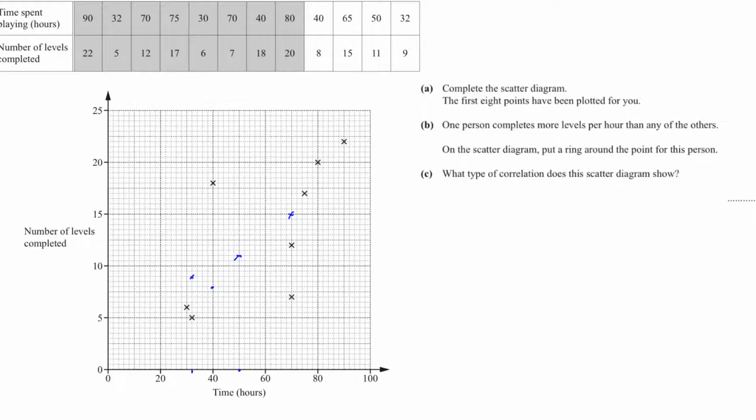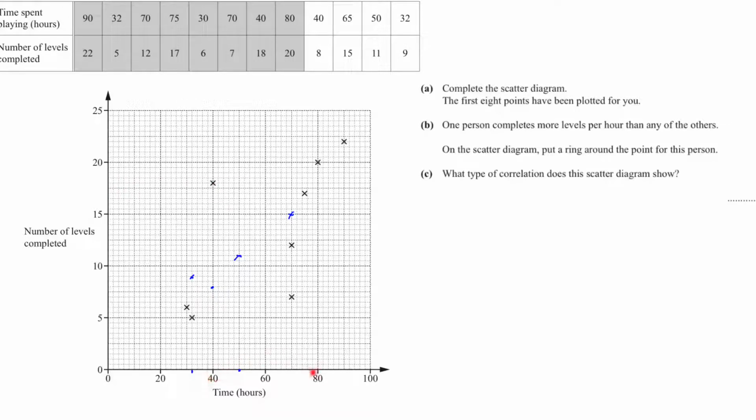Now for part B. One person completes more levels per hour than any of the others. On the scatter diagram, put a ring around the point for this person. So these are the number of hours and these are the number of levels completed. We can see that when it is 40 hours, the number of levels completed by someone is 18.